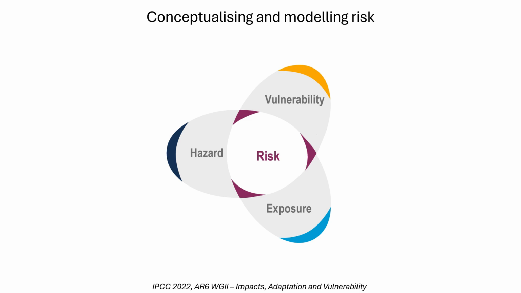So this is a classic risk modeling framework where we think of risk as really occurring at the convergence of some hazard, which could potentially have an impact, the factors that cause people to be exposed to that hazard, so exposure, and then the factors that, given that people have been exposed to that hazard, actually make them vulnerable to its impacts.